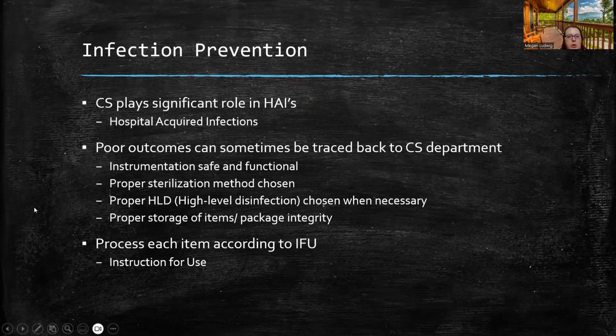Maybe package integrity was the issue. So think about those things. Every step of the way, it has a potential to become contaminated and lead to an HAI in a patient. Okay. So you're always going to check the IFUs, making sure you're processing that according to the standard. That way it does get sterilized properly.